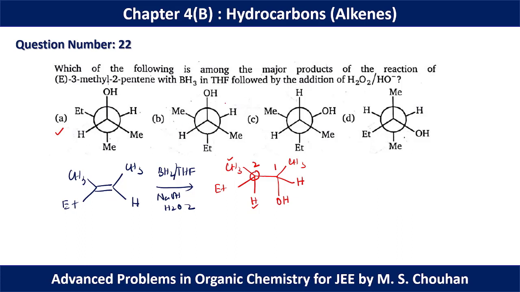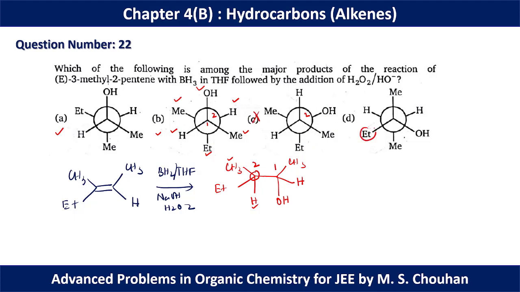In option B, the second carbon is attached to methyl, hydrogen, ethyl, and the first carbon is attached to hydrogen, OH and methyl. So this is also correct from the point of view of attachment. But C is not correct because the second carbon is attached to ethyl and OH, so this cannot be our answer.